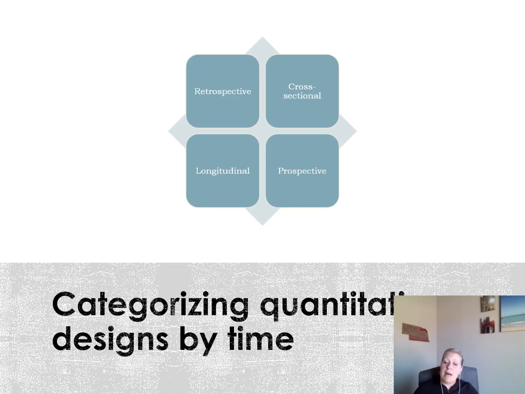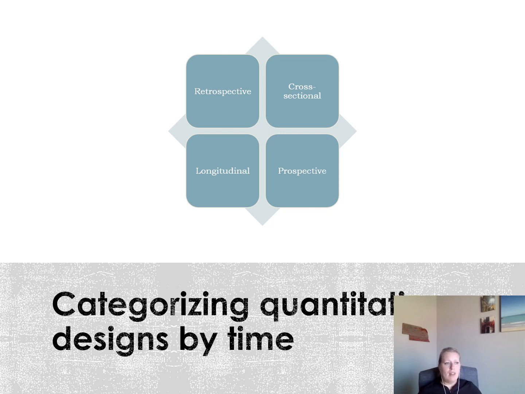So one thing to think about when we're looking at quantitative designs is a lot of times you categorize them by time. So retrospective means the data has already been collected, and then you ask your research question, and then you look in the data to answer that research question.